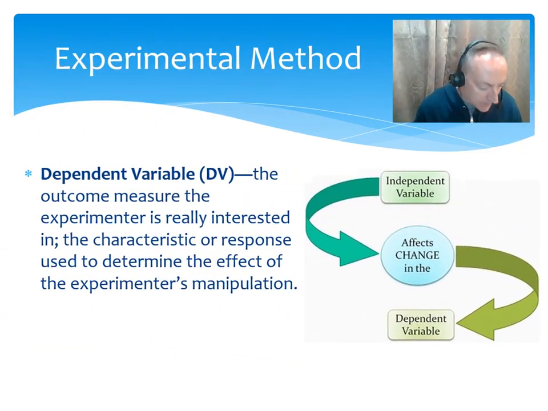And then the dependent variable is the outcome that the researcher is trying to measure in the end. So if we go back to our example of testing a particular study strategy in an intro psych class, maybe the dependent variable is a pre-test and post-test score.